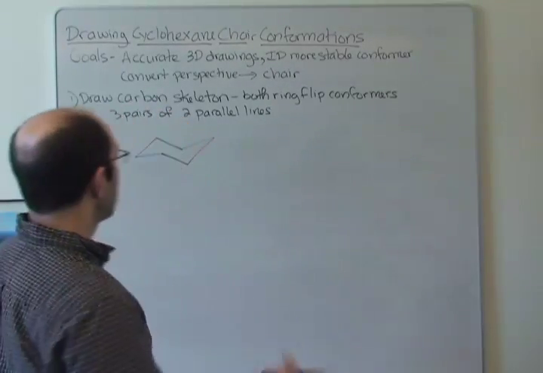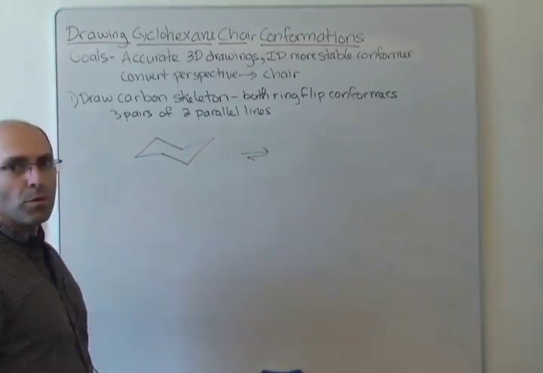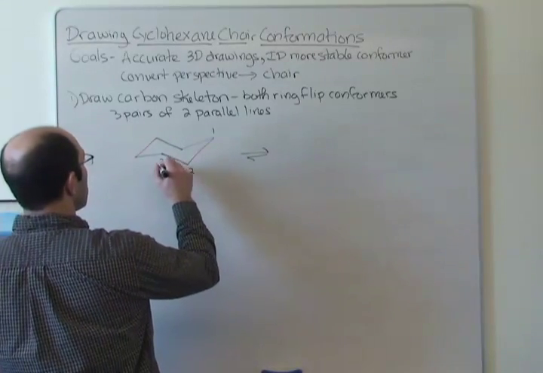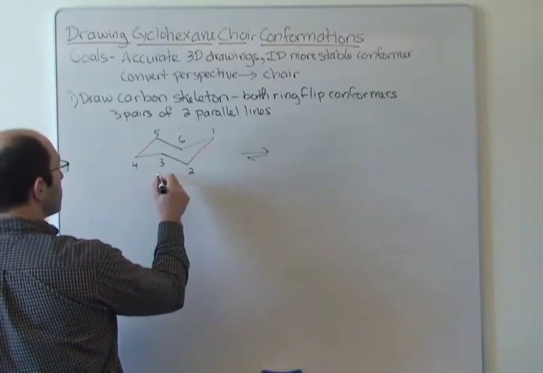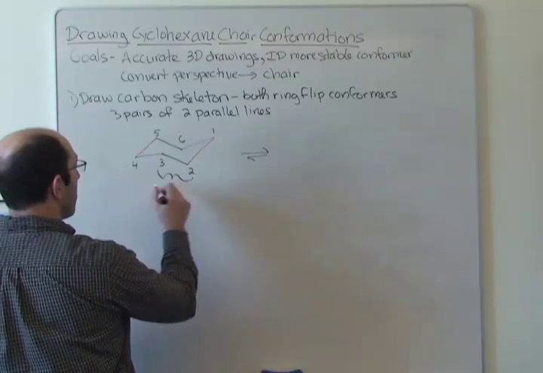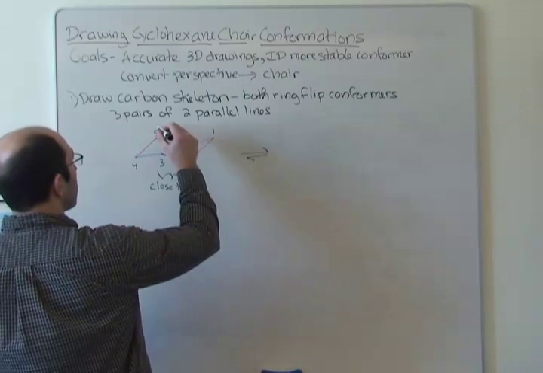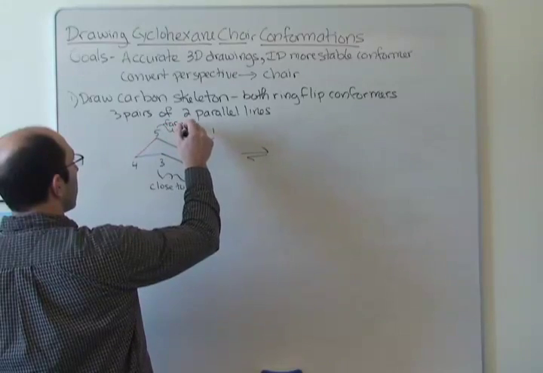Then when we do the ring flip, number the atoms in the ring 1, 2, 3, 4, 5, and 6. 2 and 3, if you're looking at your model, are close to you. 5 and 6 are far away.